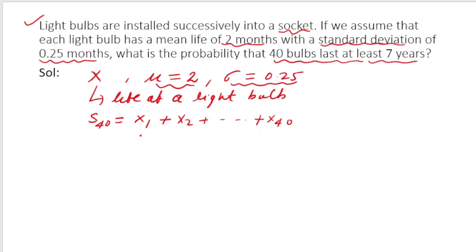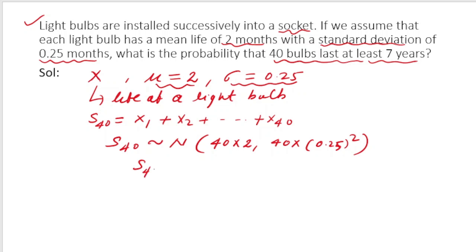For large sample sizes, usually greater than 30, the sum starts showing normal behavior, so I can use the central limit theorem. The central limit theorem tells us that S40 follows a normal distribution with mean n times mu, that is 40 times 2, and variance 40 times sigma squared, where sigma is 0.25, so 0.25 squared.